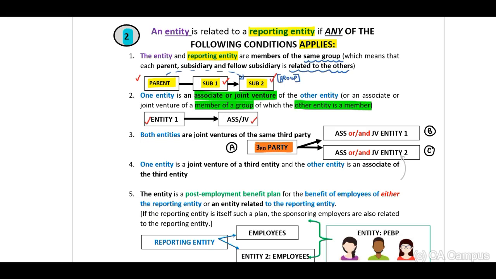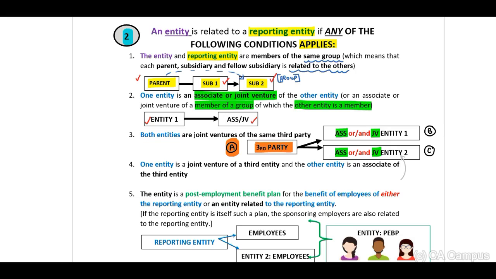Now, if both entities are joint ventures or associates of the same entity, in this scenario, entity A, both of these entities, B and C, will be related parties. Therefore, in this scenario, all of these entities, third party, entity 1 and 2, will be related parties.